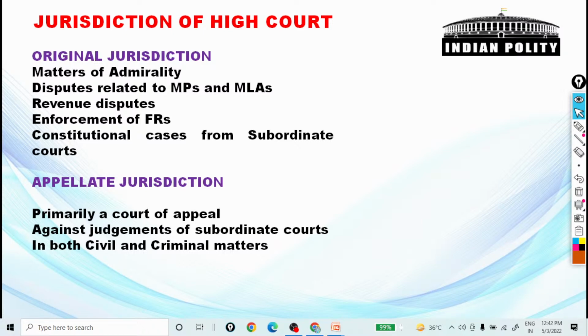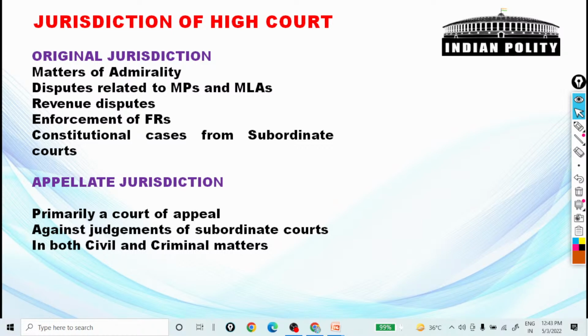It has autonomy, independence, and powers to run on its own, to define the judiciary and to add to the tradition of the country. The Supreme Court enjoys extraordinary original powers in various matters like federal disputes. The High Court also has certain matters, like the enforcement of fundamental rights and defining the judicial procedure in the state.